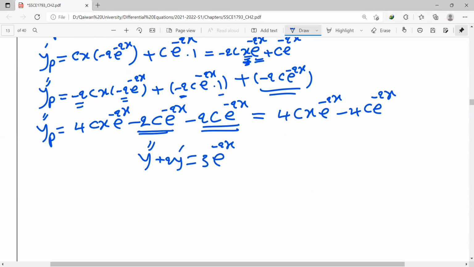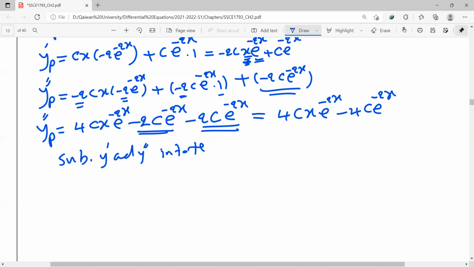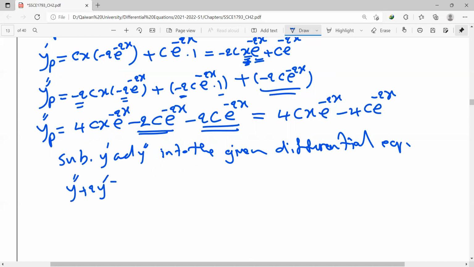This is the given differential equation. First let's write down something here. We substitute y prime and y double prime into the given differential equation. So the differential equation is y double prime plus 2y prime equals 3 e to the power minus 2x.